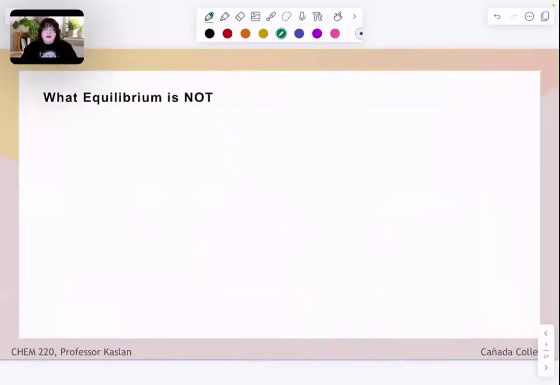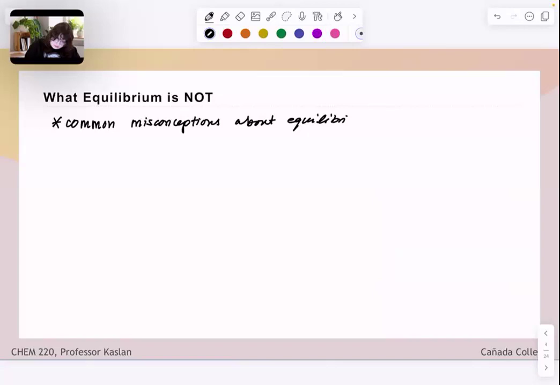Let's talk about some things that equilibrium is not. These are some common misconceptions about a state or a reaction at equilibrium.